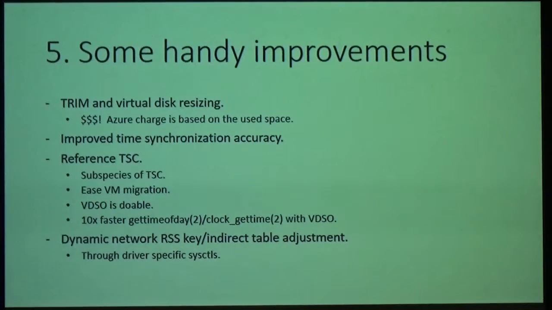It's just running the virtual machine. So you don't have a performance penalty like other RDTSC implementations, which normally will cause a VM exit. And the last is the dynamic network access key and indirect table adjustment. It's pretty useful for some vendors if they want to change the indirect table to do some load balancing.